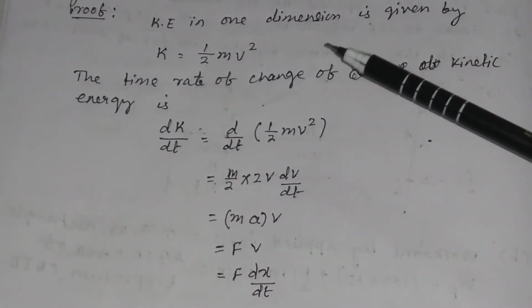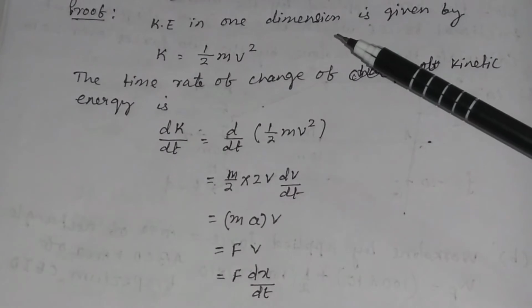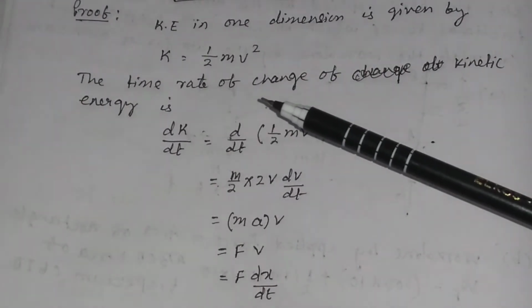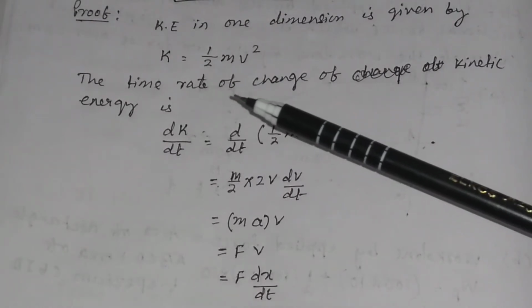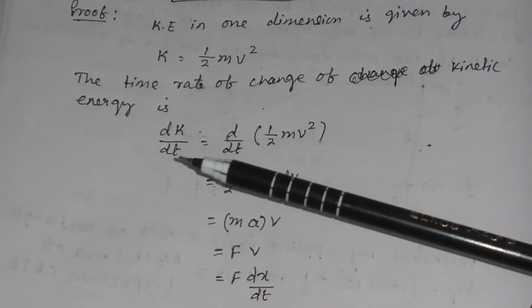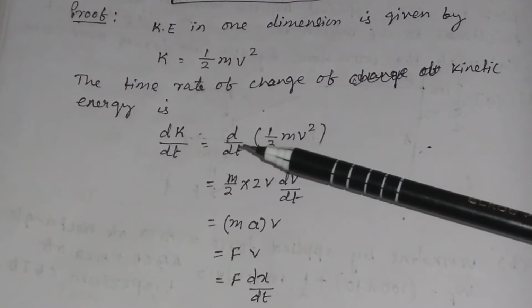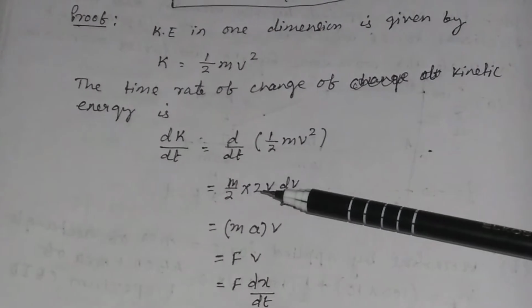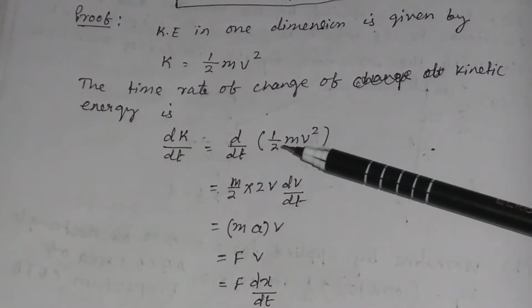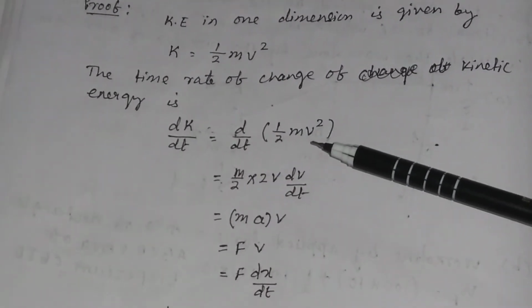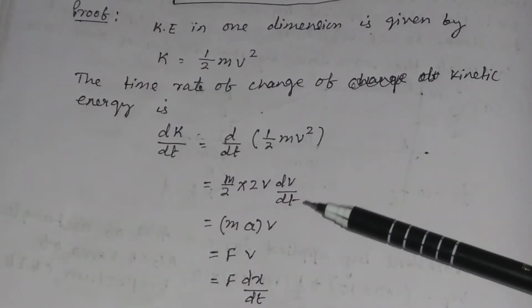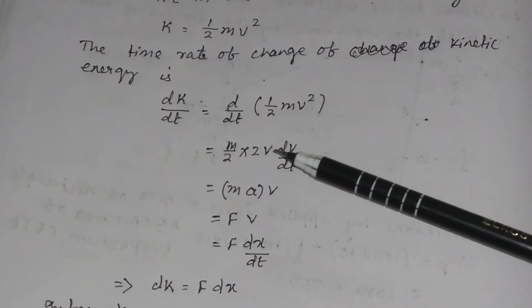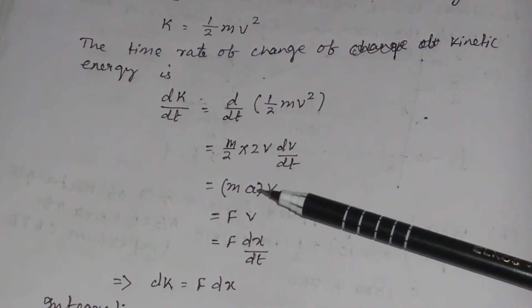The kinetic energy in one dimension is given by k equal to half mv square, and the time rate of change of kinetic energy, that is the derivative of k with respect to t, is equal to the derivative of half mv square with respect to t. Half m is constant, you can take it outside, that is m by 2, and the derivative of v square is 2v into dv by dt, the derivative of velocity with respect to time, which is the acceleration.